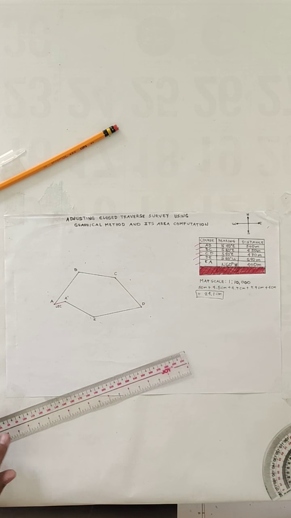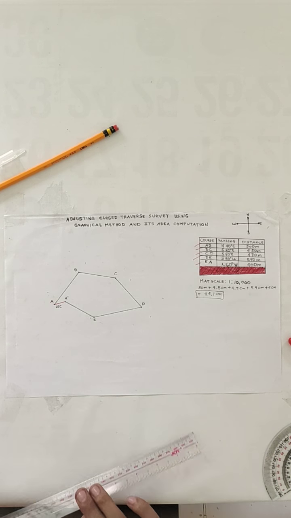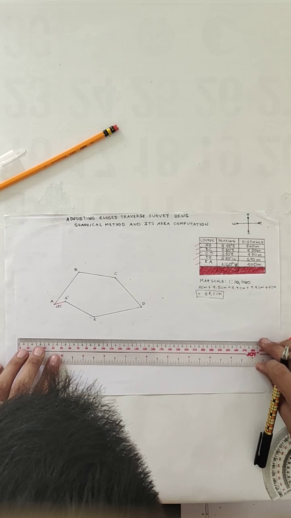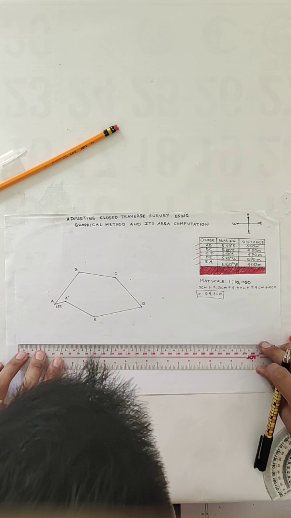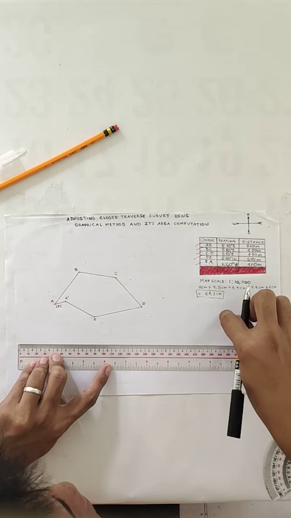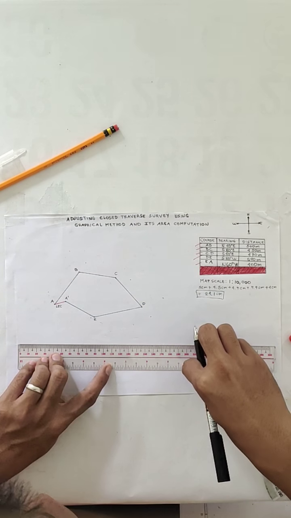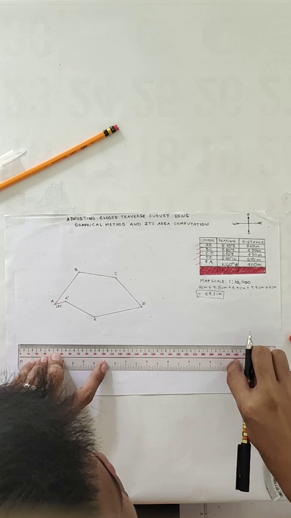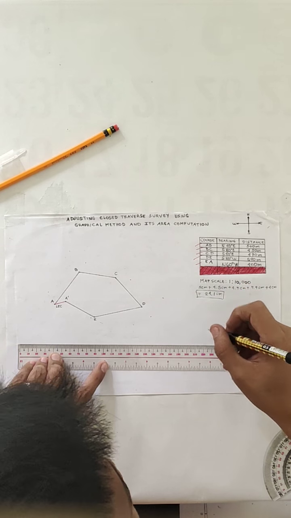So to make the error adjustment line, first you make a line measuring a length of 24.1 centimeter, equal to the total length of the course.